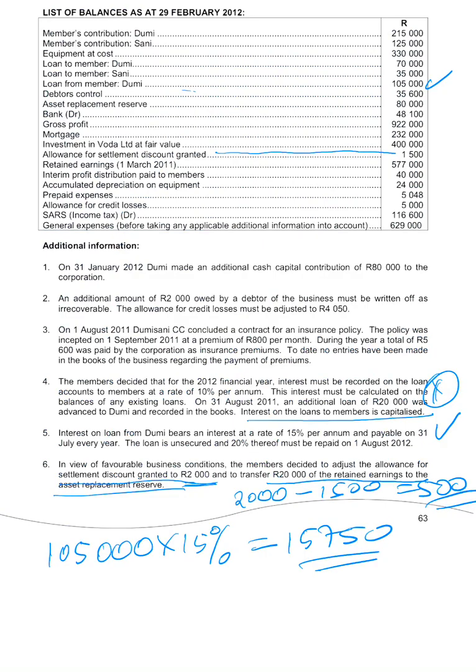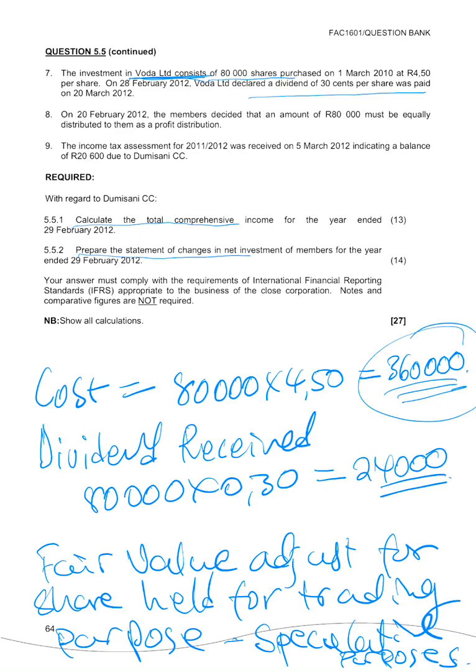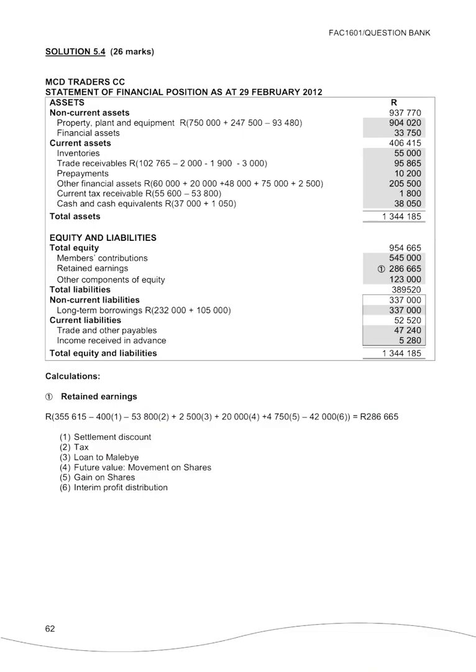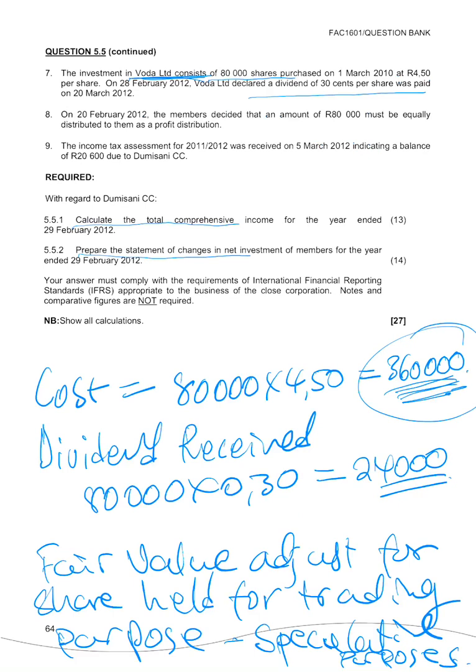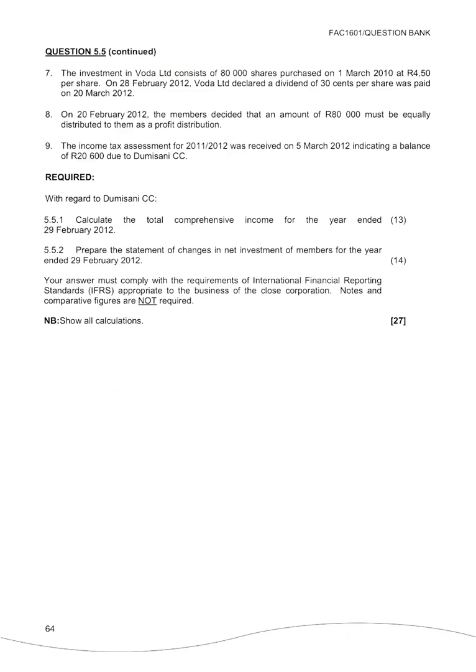And then the next thing now is the fair value adjustment. The cost of the investment is 360. When we check at the fair value of the investment on our trial balance, they are saying that the investment, where is the investment? At fair value, it's 400. So it means that the investment increased from 360 and it went to 400,000.